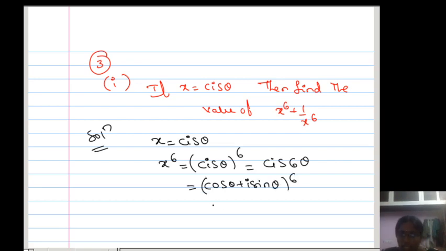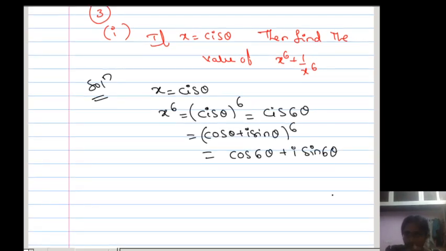This is equivalent to cos 6 theta plus i sin 6 theta by using De Moivre's theorem. If you are confused, x power 6 means 6 on cos theta plus i sin theta, and according to De Moivre's theorem, cos 6 theta plus i sin 6 theta.